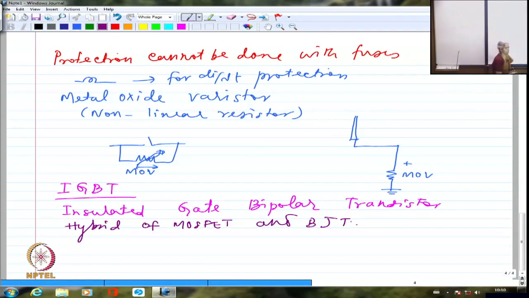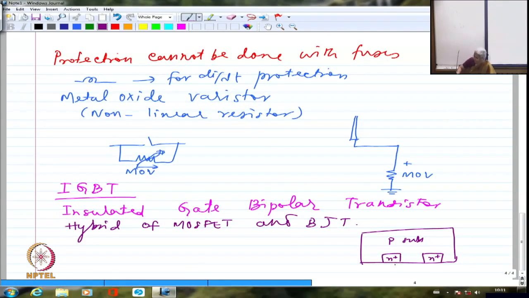So in this particular device, what happens is, if I am having a P substrate, we are going to have N plus layers grown on this. And then these two are connected together to make it as a source. This is source, and then we are going to actually have these as gates.